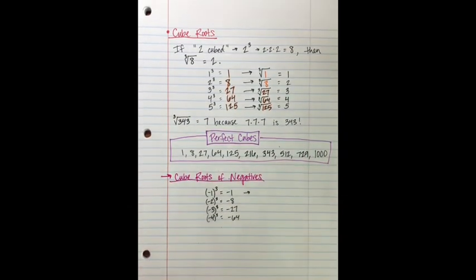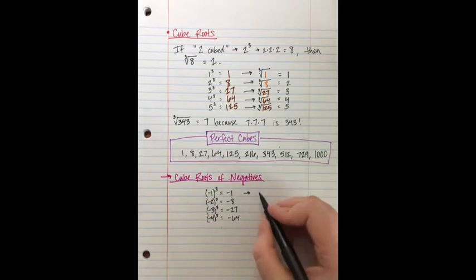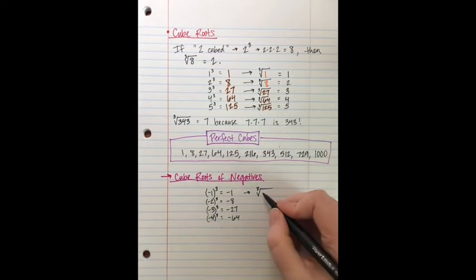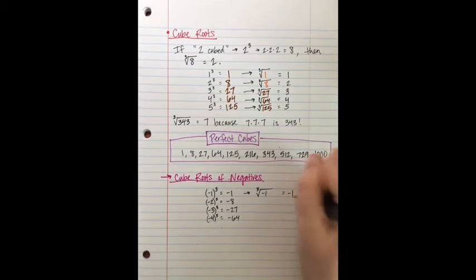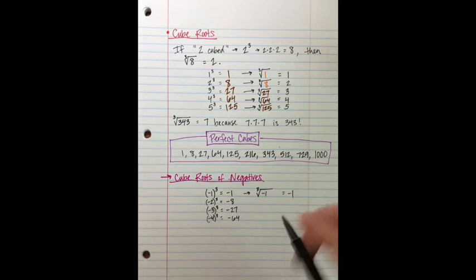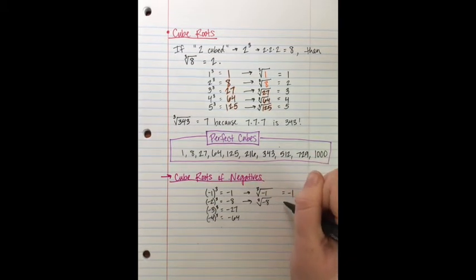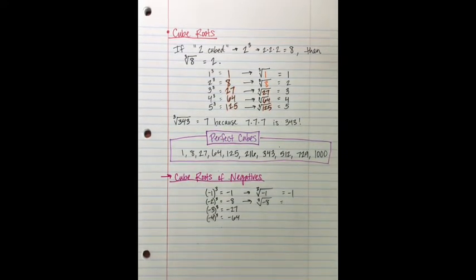Now, why we're doing this is for you to see that you can take cube roots of negative values. Cube root of negative 1 happens to be negative 1. What would the cube root of negative 8 be? Well, it would be negative 2.